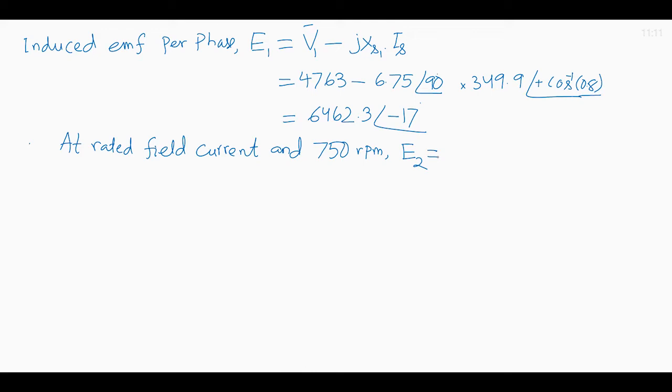So the induced EMF is 750 divided by 1000 times the EMF at the rated field current and speed, which is 8227 at rated condition.